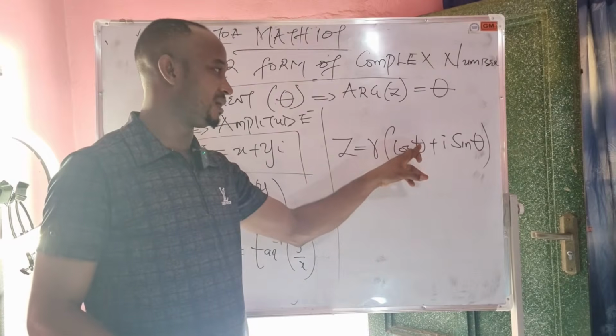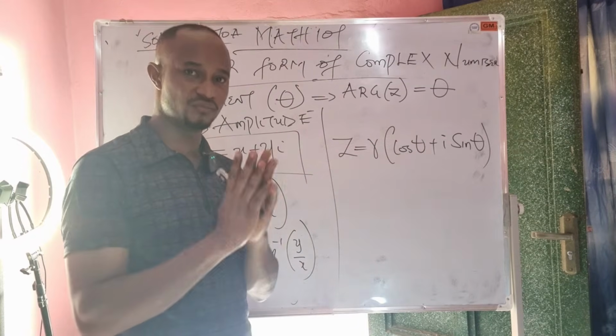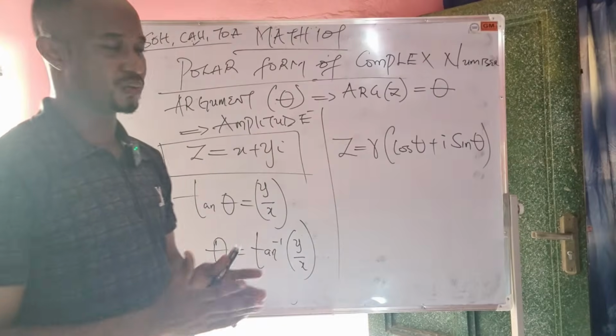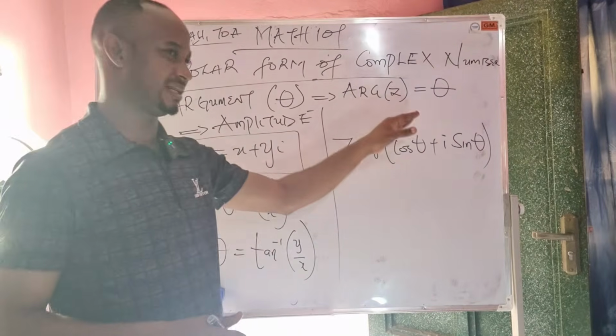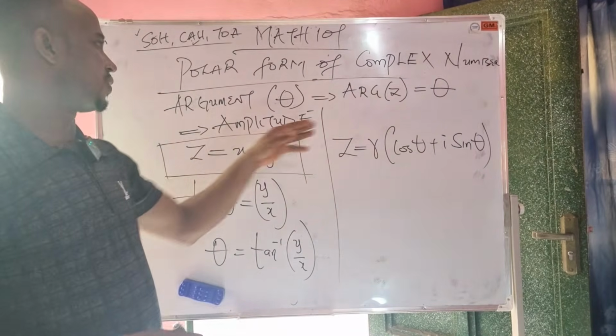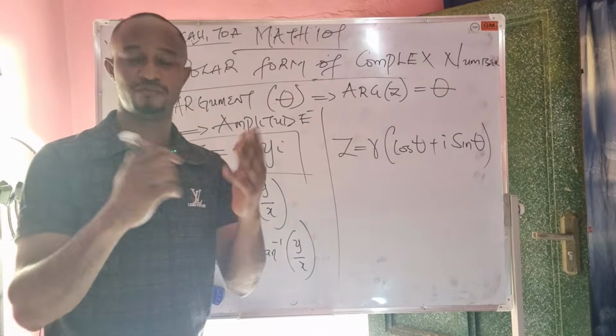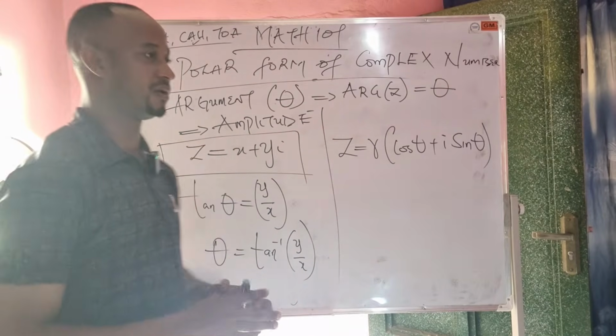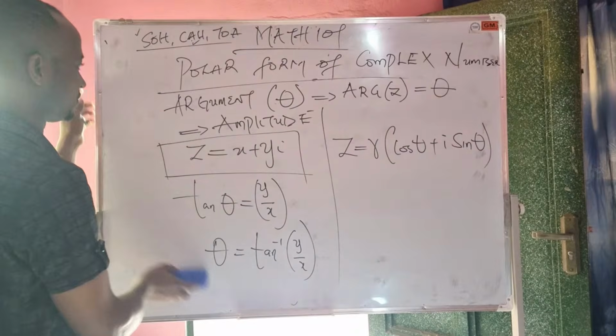The theta represents the argument, also called amplitude, also called arg z. So please take note of this.